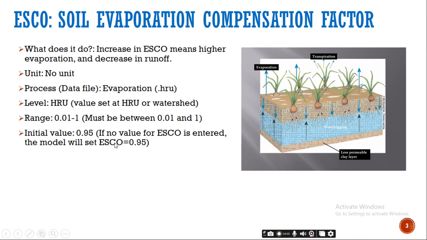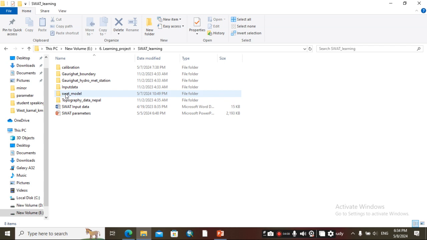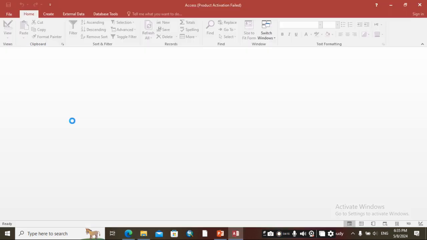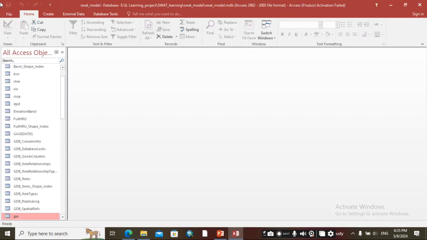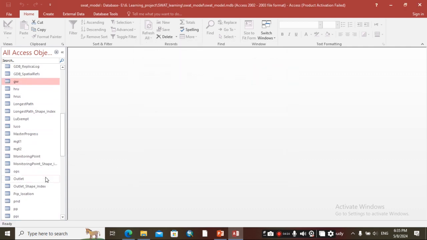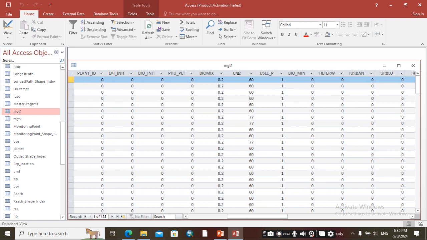I want to show what I am telling. If you have run the model, open that folder, then go here. I mean to say that for CN2 I mentioned the MGT file. Go to the MGT file and you can find CN2 here, and it varies according to the basin.